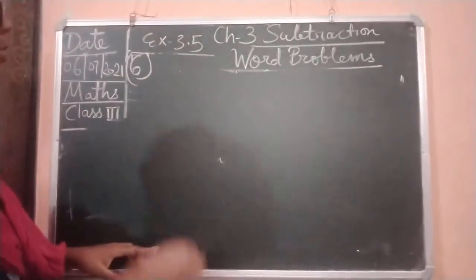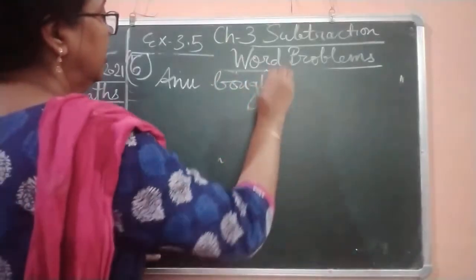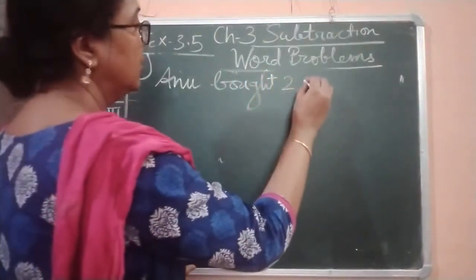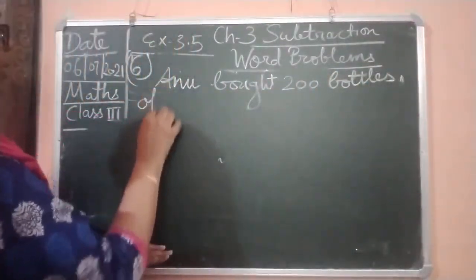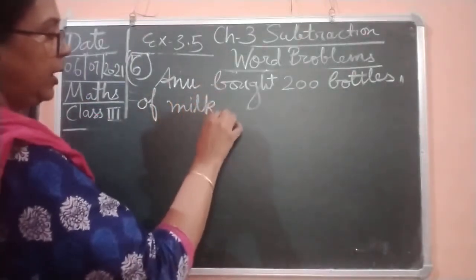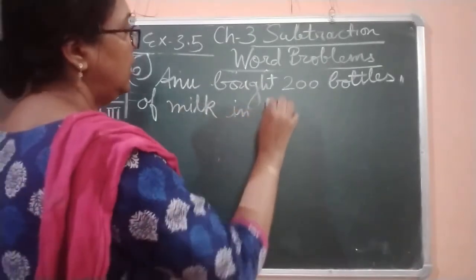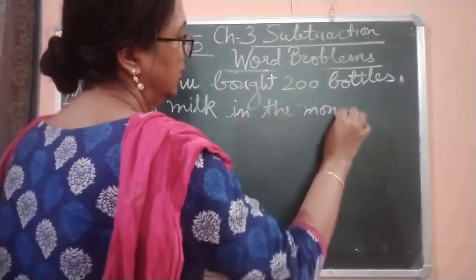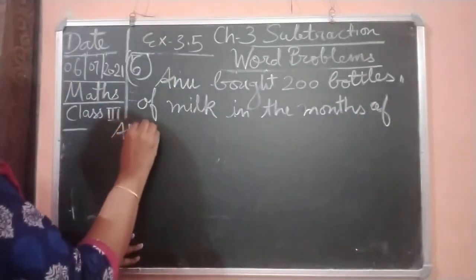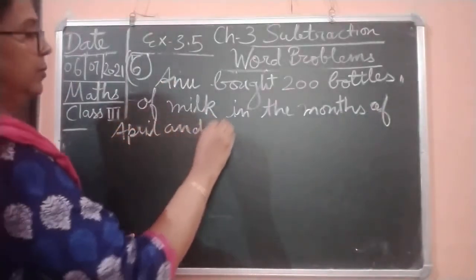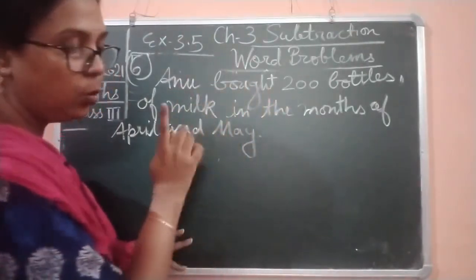Anu bought 200 bottles of milk in the months of April and May, children. In both months she bought only 200 bottles.